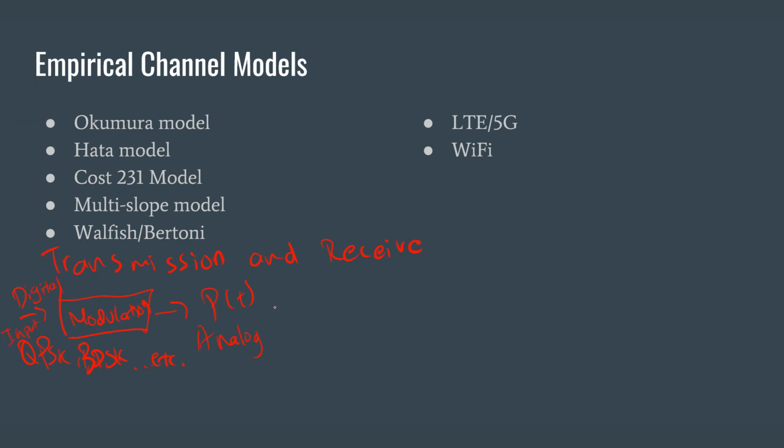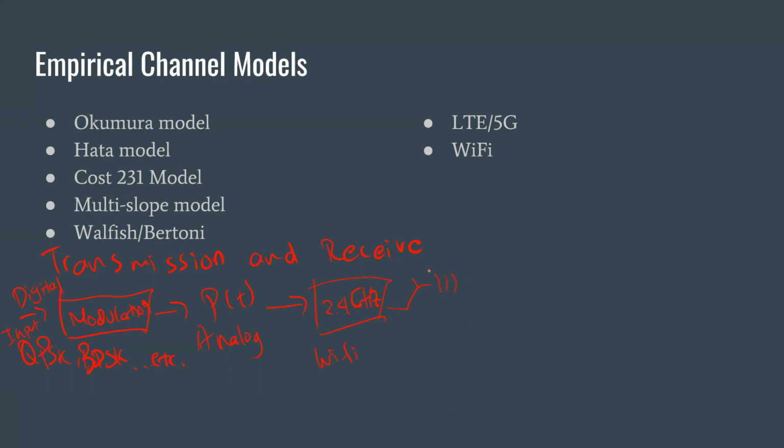And from here, this signal requires the carrier signal. Or for example, for Wi-Fi, it would be 2.4 gigahertz. And then from here, it will be transmitted.